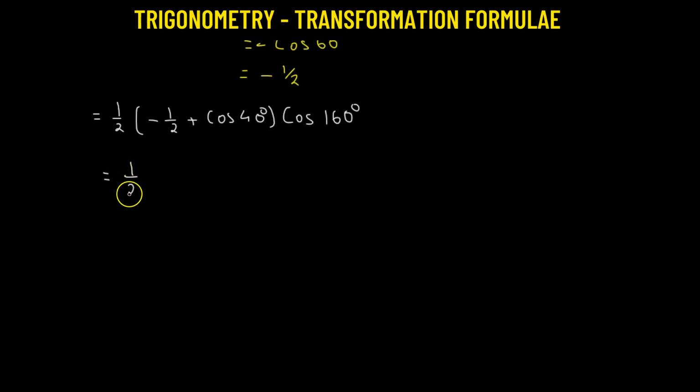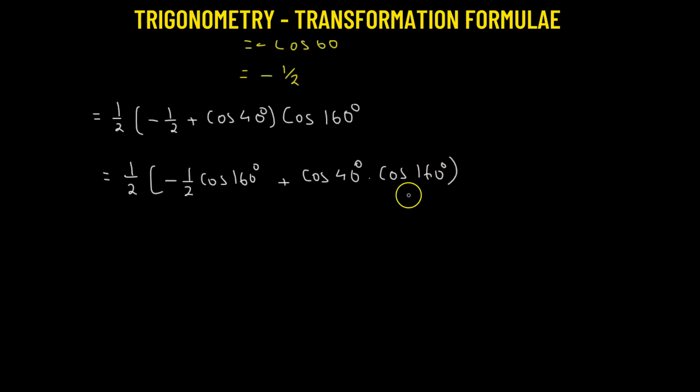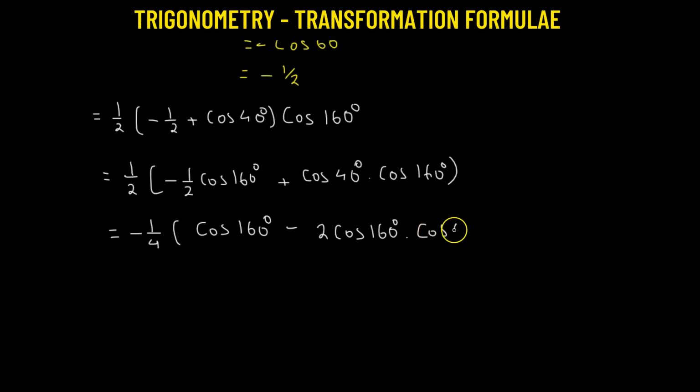So we should get half multiplied to negative half times cosine 160 degrees plus cosine 40 degrees times cosine 160 degrees. Now what we'll do, we'll factor out negative half from within the parentheses. So we should get negative 1 over 4 times cosine of 160 degrees minus 2 times cosine, let me write 160 degrees first, times cosine of 40 degrees.